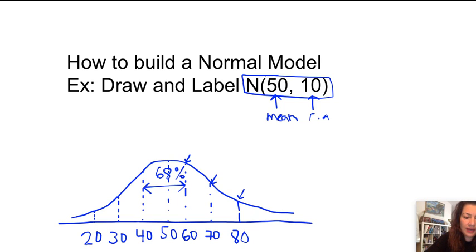And then I could go ahead and put in 95% of my data. 95% of my data is going to be 2 standard deviations from the mean, so it would be between 30 and 70. That would be 95% right here. So I will write it here. 95% of your data is 2 standard deviations away.